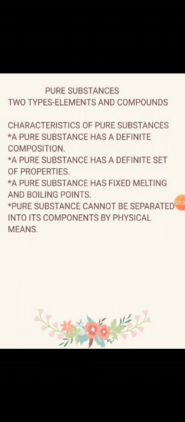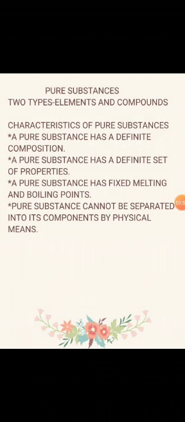A pure substance has a definite composition. What does it mean? It means a pure substance like gold is made up of only one kind of atom. That means in the composition of gold only one kind of particles are there. So it has a definite composition.